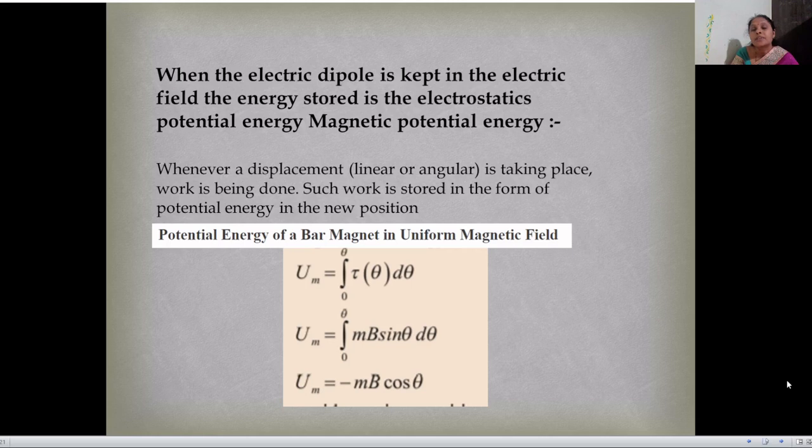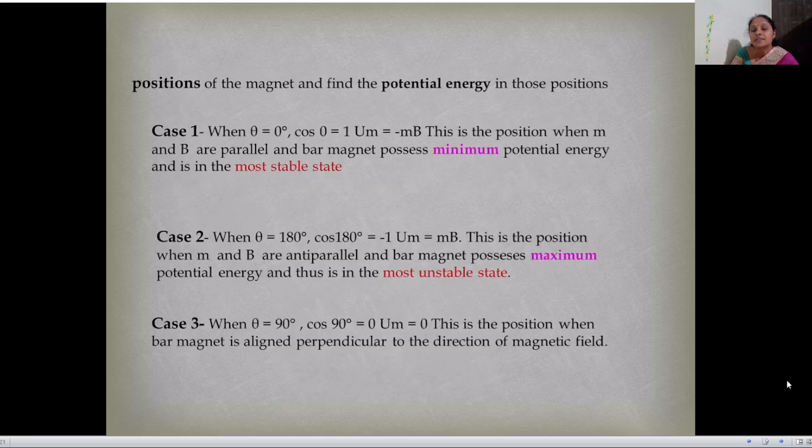That means the equation of potential energy is U = minus mB cos θ. Next we discuss the positions of potential energy, given in three cases.